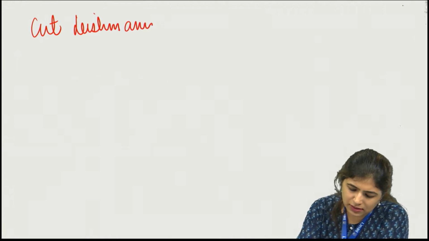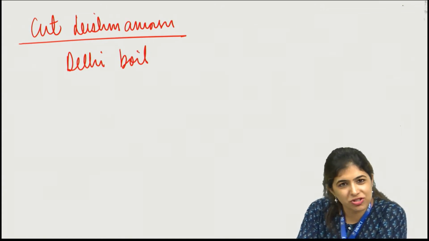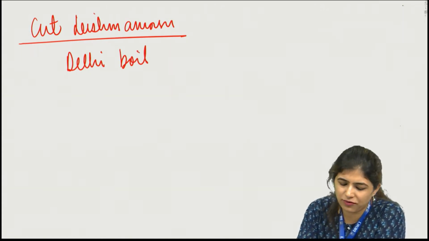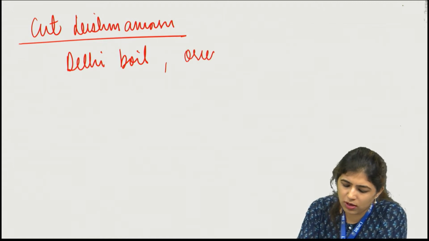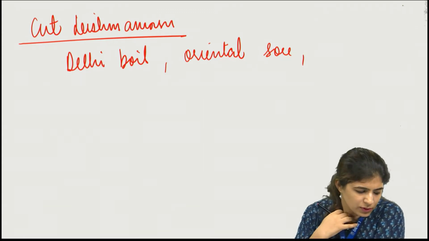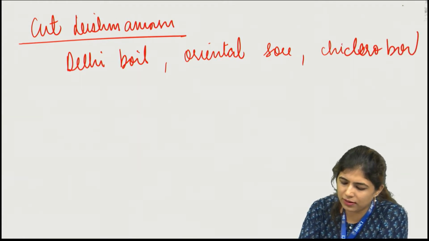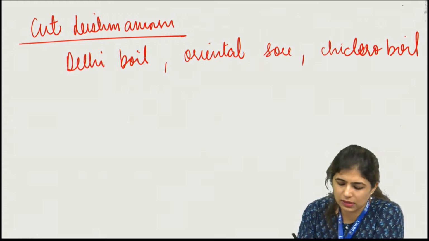Now, coming to cutaneous leishmaniasis. This is also called the Delhi boil, which is why the question mentions the patient being a resident of Delhi. It is also called oriental sore or Chiclero boil. That's another name of this.